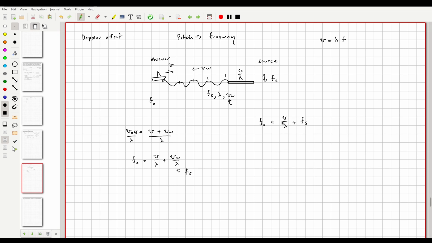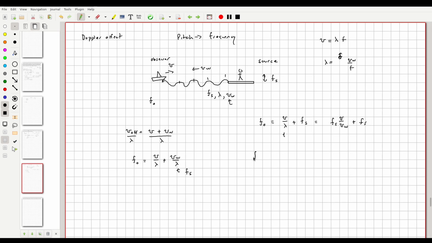Now, I'm going to massage this a little bit further by noting the fact that lambda is just v over f, the velocity of the wave over f. If I put in the velocity of the wave over f here, what that does is put a frequency of the source, my velocity in the boat over the velocity of the wave, plus the frequency of the source.